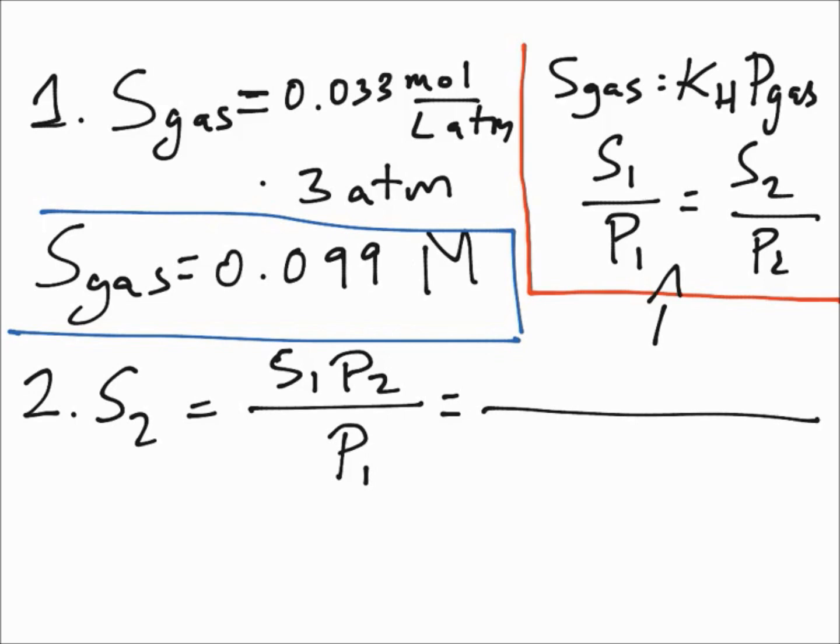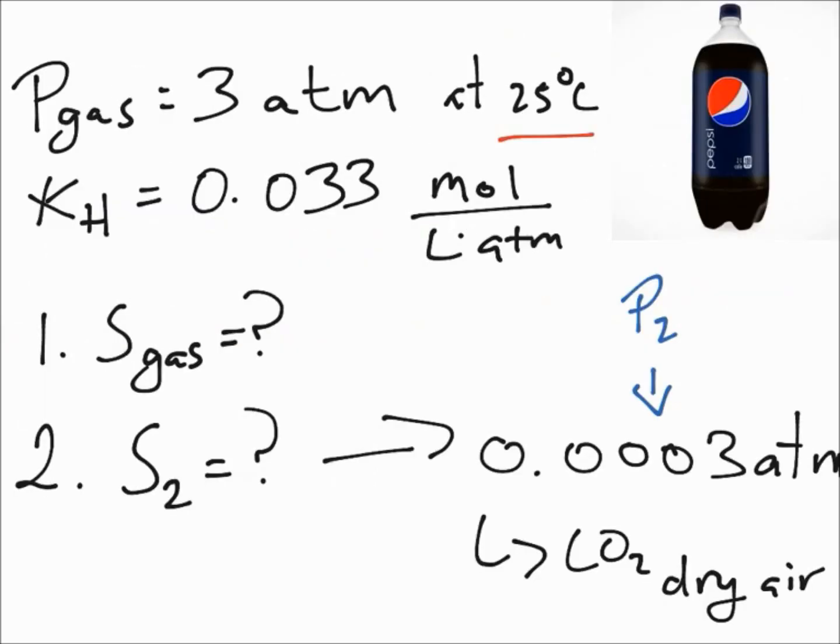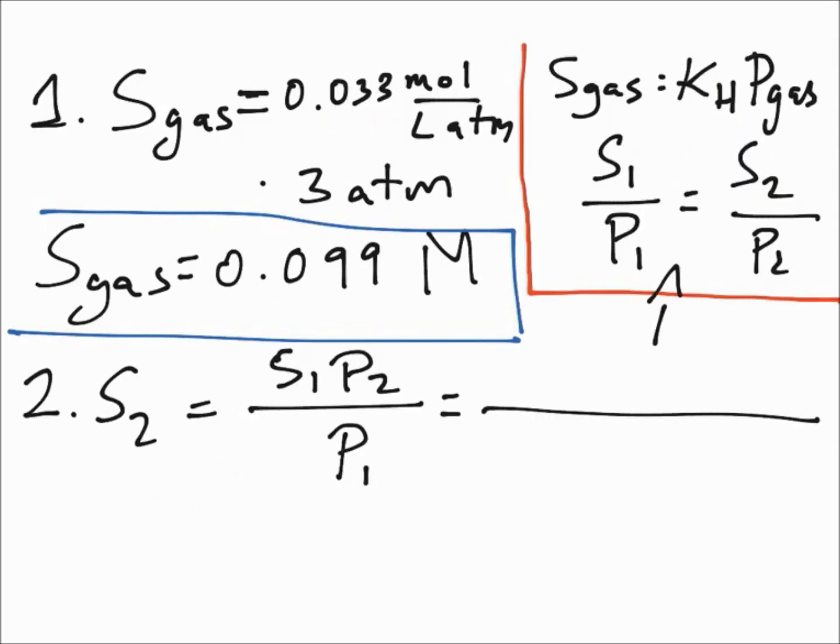Our P1 is the pressure of the gas before, so it's 3 atmosphere. This is P1 and this is P2. And we just found what S1 was, so 0.099 molar. Let me erase these arrows to not confuse you.